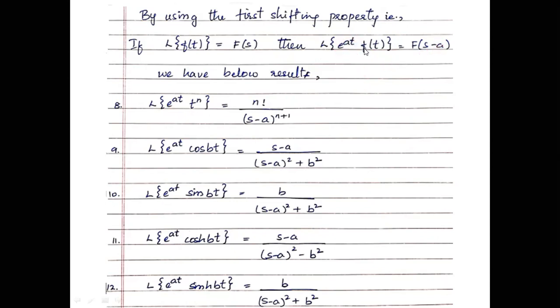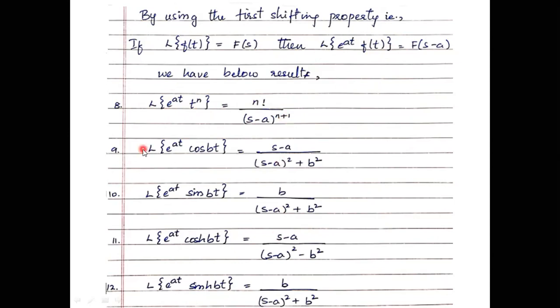When there is this exponential e^(at) with f(t), I will replace s by s minus a. So the Laplace transform of t^n is n factorial by s^(n plus 1), and because of this e^(at) with t^n, I will be replacing s by s minus a. So s^(n plus 1) will become (s minus a)^(n plus 1).